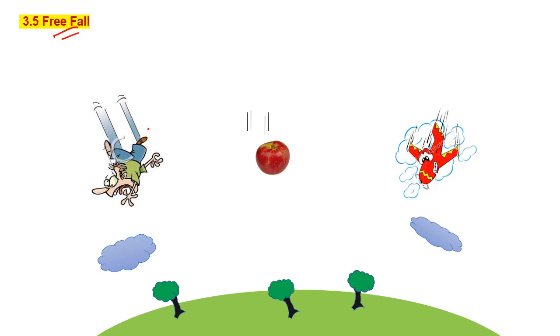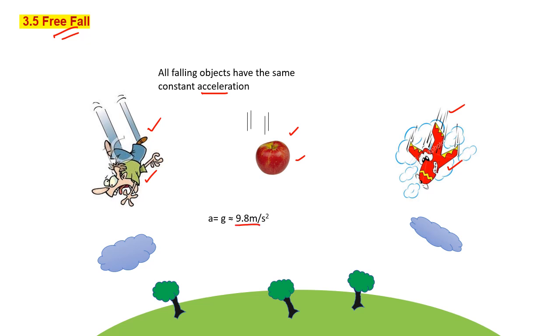For example, this person, this apple and plane, all of them are falling under the influence of gravity, right? So the acceleration of all these objects, irrespective of their masses, you know, the airplane has more mass than the apple, but all of them will be accelerated at the same constant acceleration, and you know it is 9.8 meter per second square.